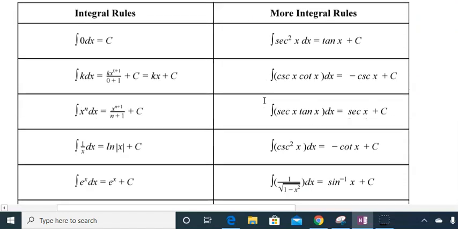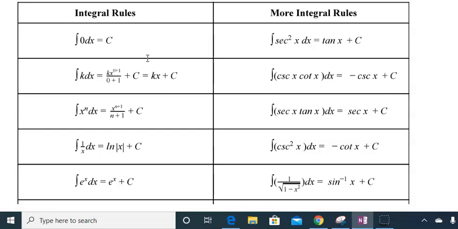Okay, let us look at some more integral rules. A lot of these we know just by looking at them, being the opposite of differentiation, just looking backwards, and some of these we can derive later on. So the integral of 0 dx is just equal to C, that's a constant.